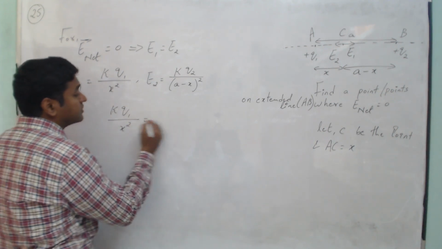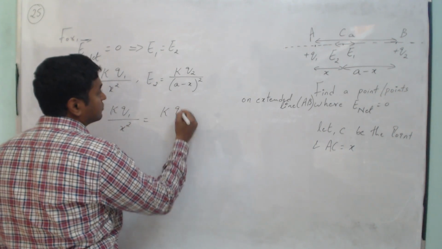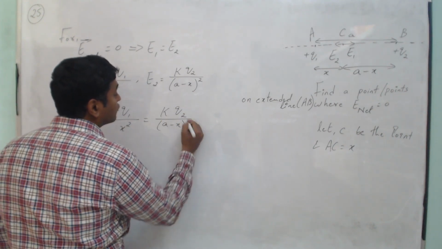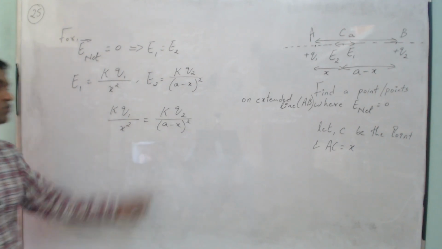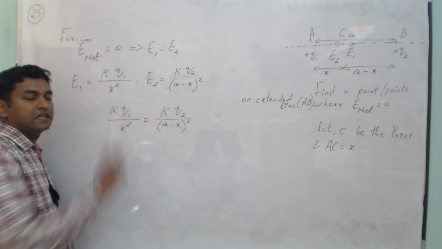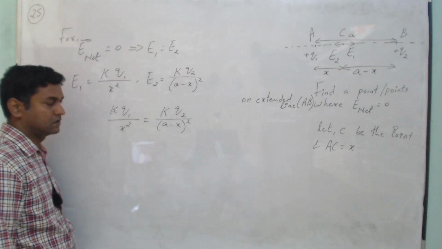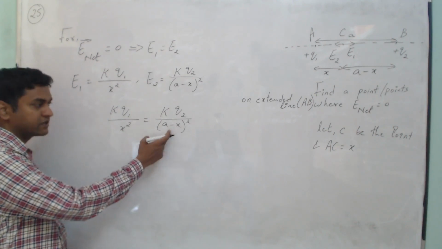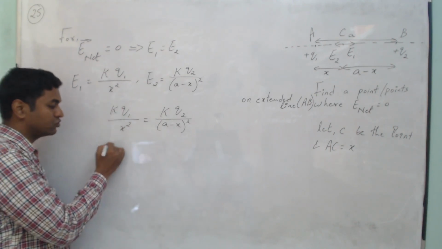So basically LHS is equal to RHS, so k q1 by x square is equal to k q2 by (a minus x) whole square. K will cancel each other. On cross multiplication, I am bringing a minus x to the numerator.